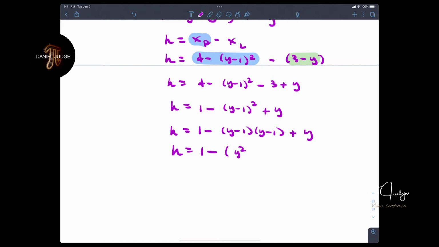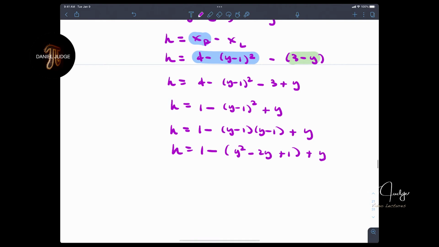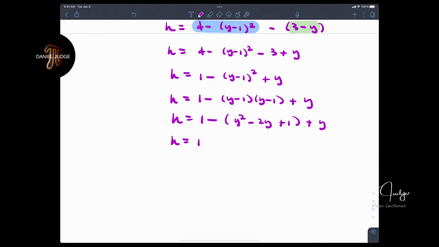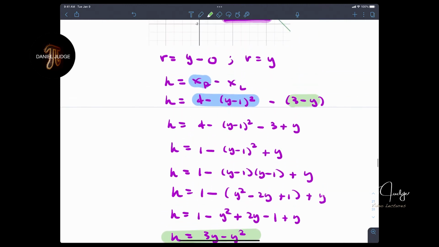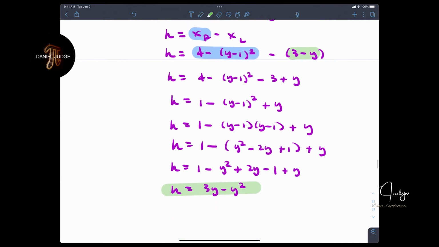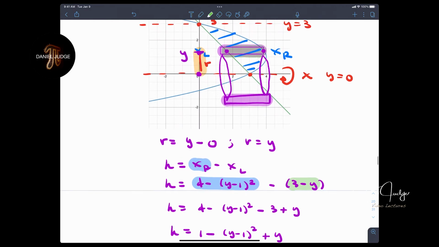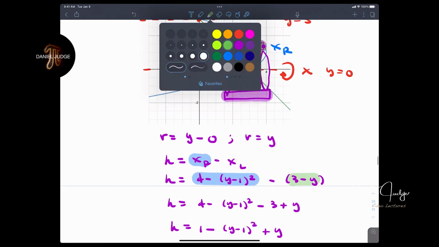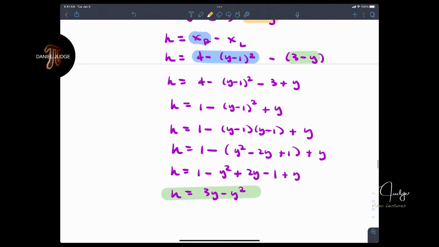So this would be y squared minus 2y plus 1 plus y. 1 minus y squared plus 2y minus 1 plus y. And 2y, it looks like it's 3y minus y squared. So this is going to be, I guess, the green, whatever. Starting to lose track of my colors here. Anyway.